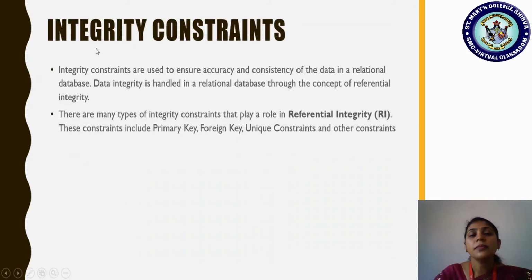Okay, let us find out more now. We have some other constraints called integrity constraints. Integrity constraints are used to ensure the accuracy, correctness and consistency of the data in a relational database.